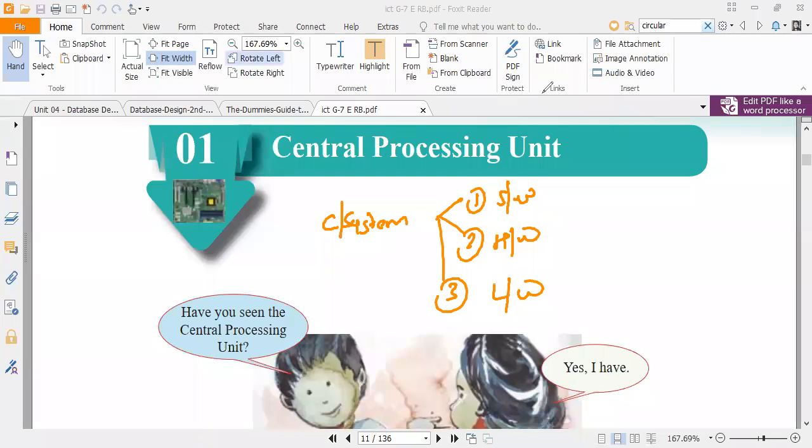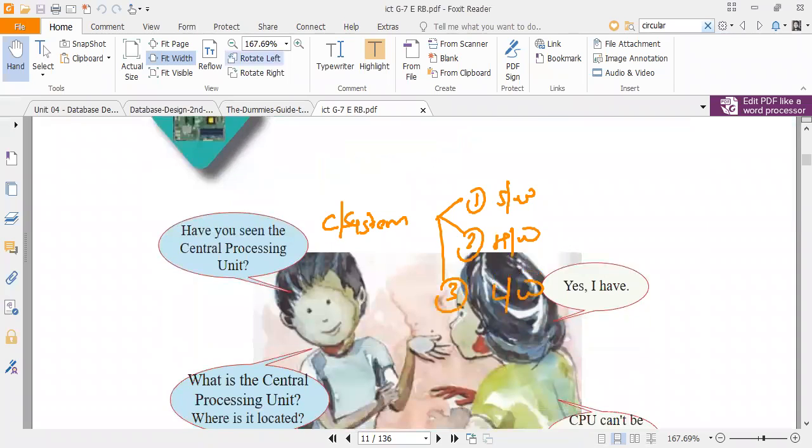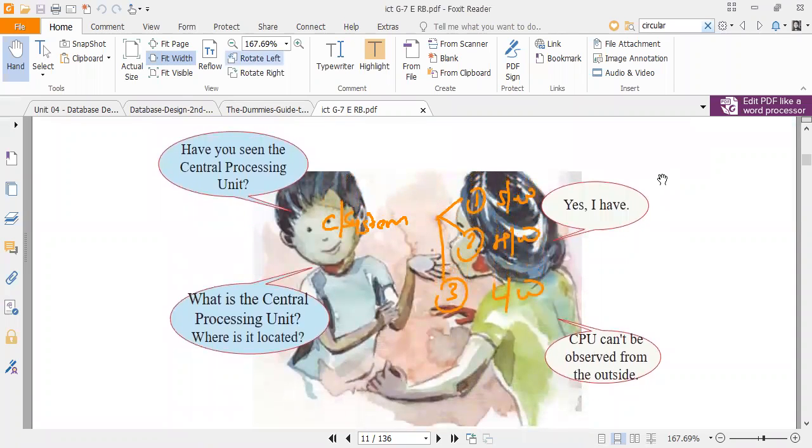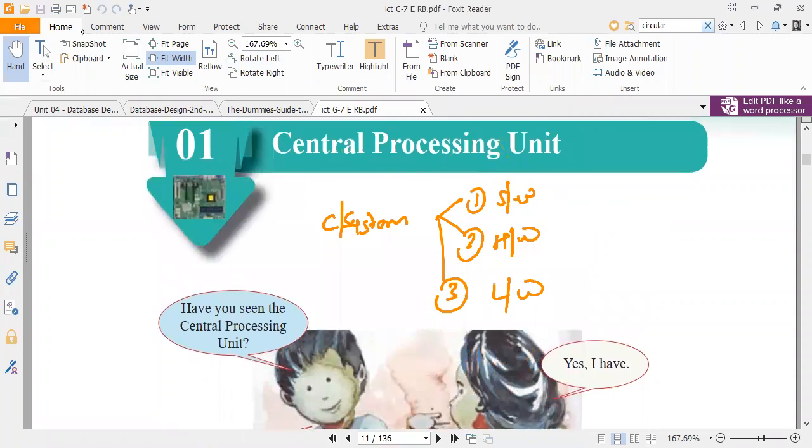So now if you take the hardware, you can see it inside the system unit, whatever is inside the system unit.